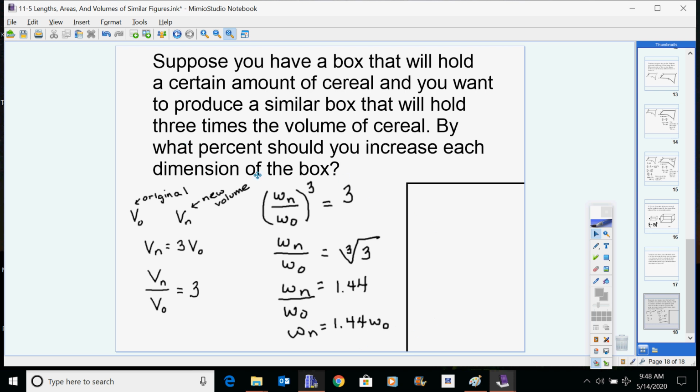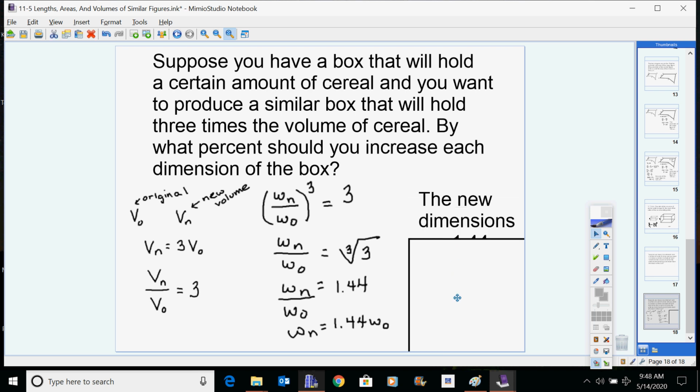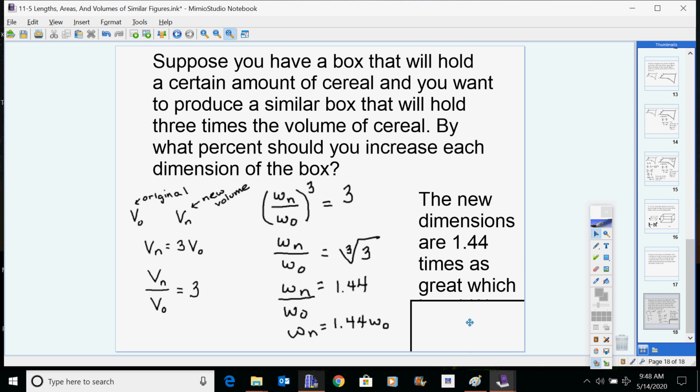But you're asking for percent. Yes, I am. Okay. The new dimensions are 1.44 times as great. So 100% would be the same. If you have a certain amount of anything and you are allowed to keep 100% of it, that means you've kept it all and you have the same amount. We're not talking a percent of increase.